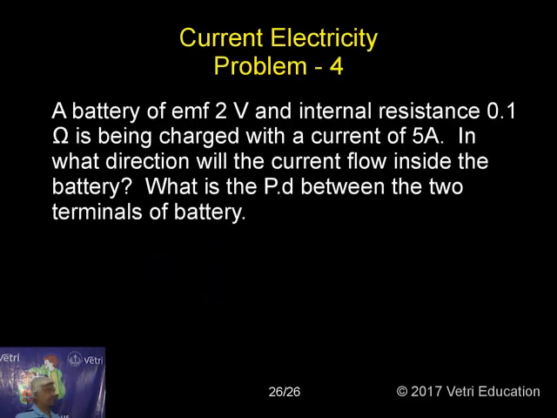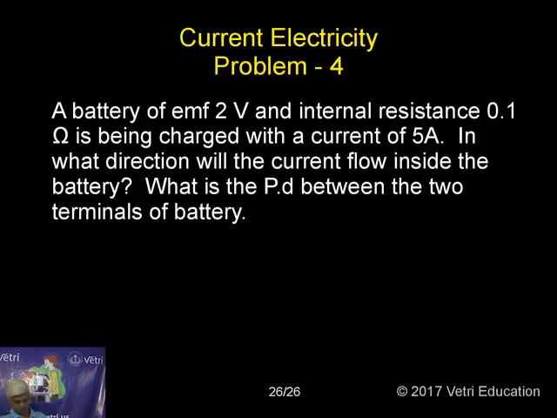Next, problem number 4. How can you find out? A battery of EMF 2 volt and internal resistance 0.1 ohm is being charged with a current of 5 ampere. In what direction will the current flow inside the battery? What is the potential difference between the two terminals of the battery?